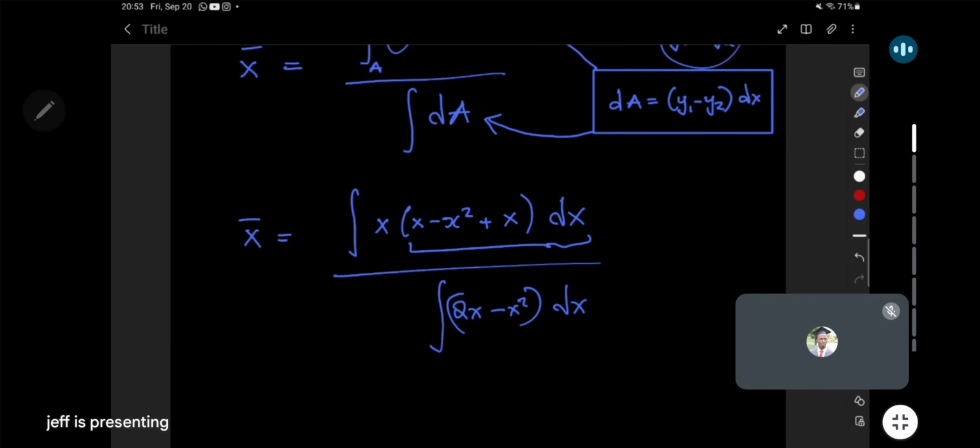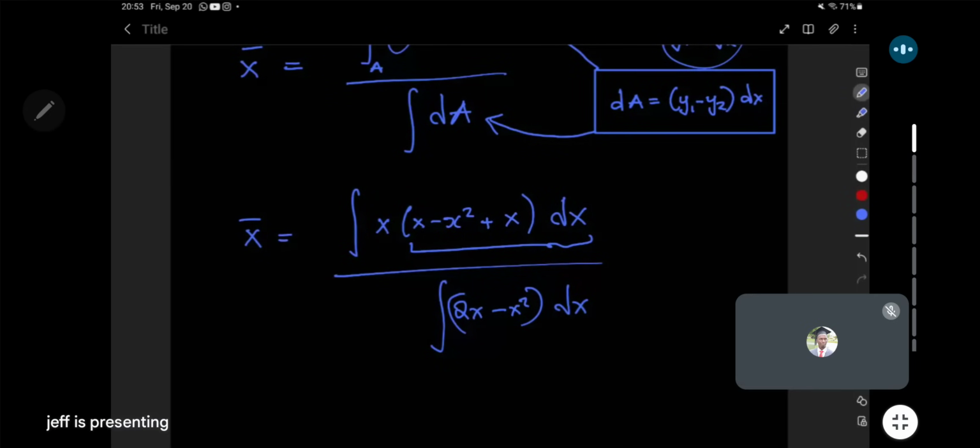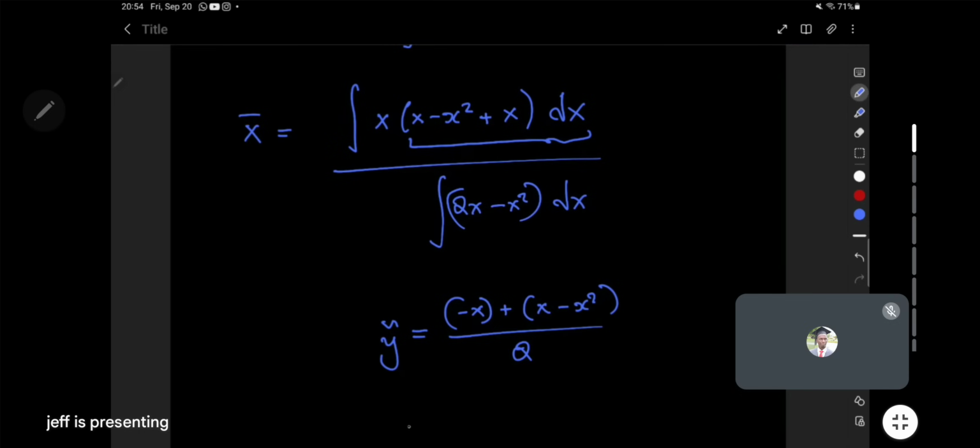I think wait for when you look at y tilde, because y tilde will be equal to y1, which is basically that function minus x, plus the second function, that x minus x squared, and then divided by 2. I don't know if this qualifies as being given in the form of another function. Alright, sir, thank you.